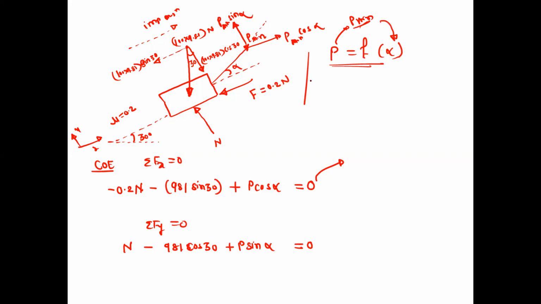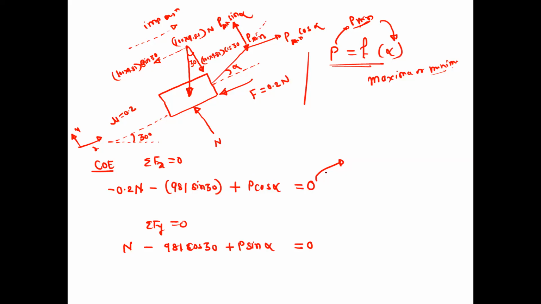Therefore we have to find out one proper relation for the minimum value, and then use the condition of maxima or minima. You must have studied this part, maxima and minima, in differential calculus. So we have to use the concept of maxima and minima, and then we will find out the minimum value of P and the corresponding value of alpha. So try to find out this relation, P as a function of alpha.